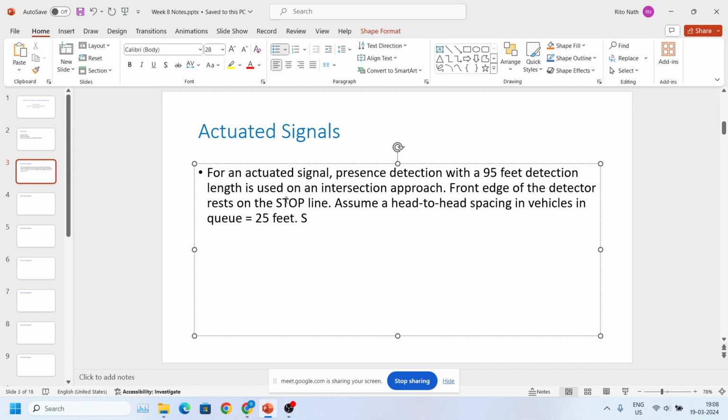Startup loss time is 3.5 seconds. Then you have saturation headway equals 2 seconds. So you are asked to estimate the value of G min high in seconds.